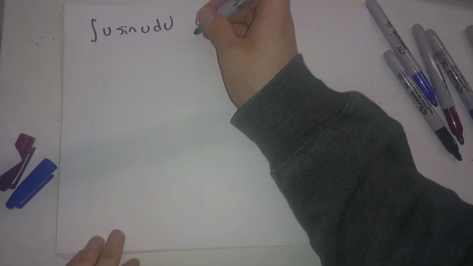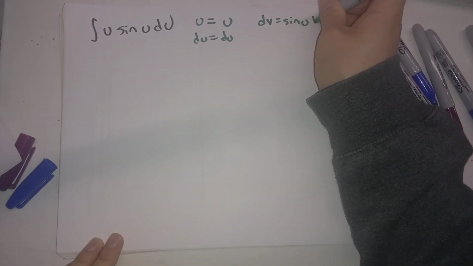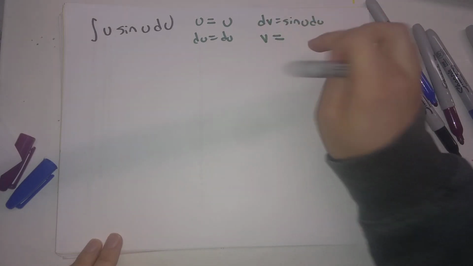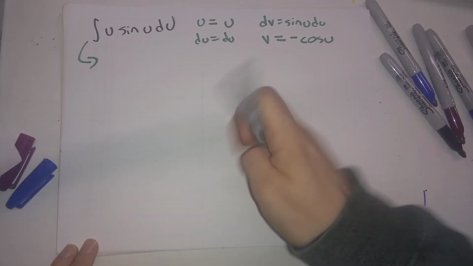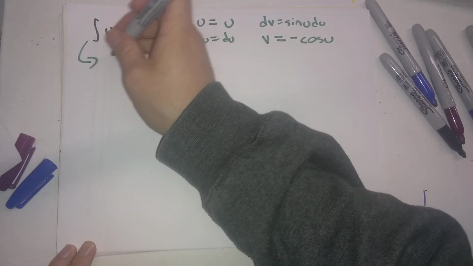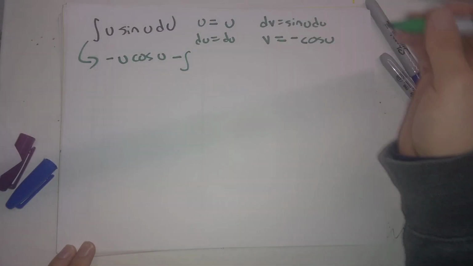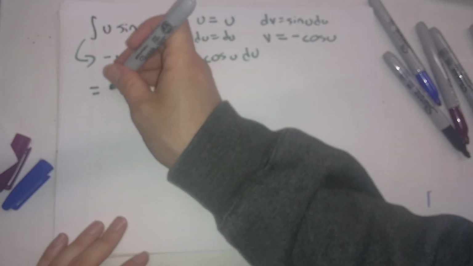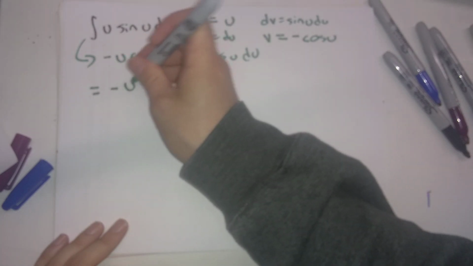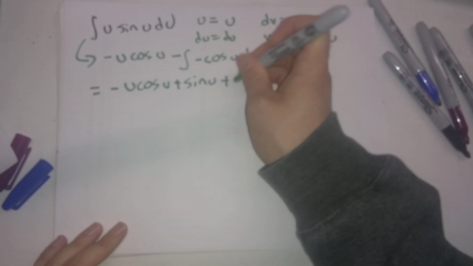We're using u in two different ways. du is du, dv is sine of u du, and v, the integral here, is going to be negative cosine of u. So this is going to be uv, so minus u cosine u, minus the integral of v du. And so this ends up as minus u cosine u plus sine u plus c.